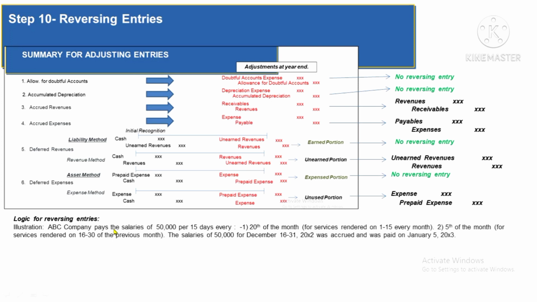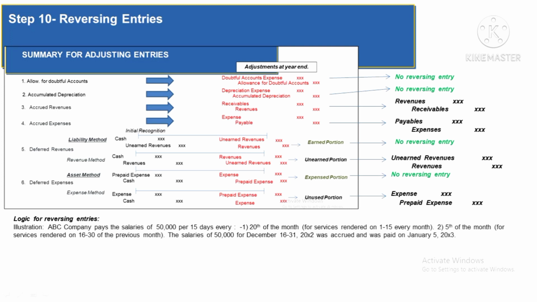Of course, the salaries of 50,000 for December 16 to 31, 20x2 shall be accrued by the company on 20x2 or at year end. But since it will only be paid on January 5, 20x3, which is the next year, then this will be a very good example for the use or the logic for reversing entries.